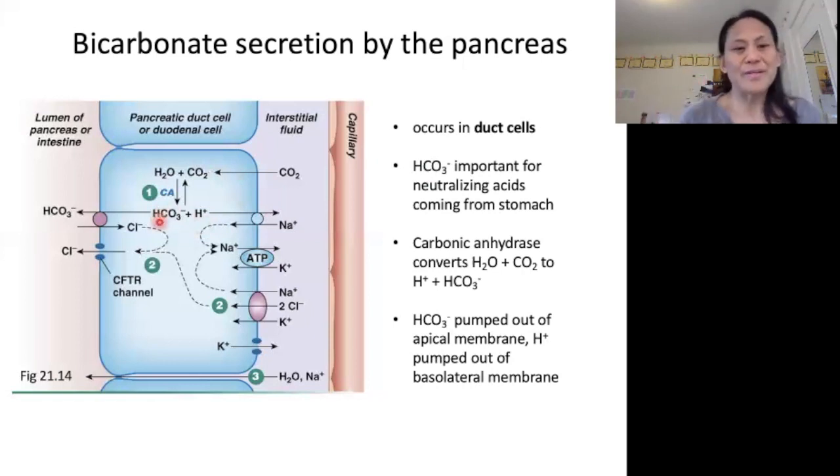Then we pump our bicarbonate out into the lumen, well, really the duct that's leading from the pancreas to the small intestine. So the bicarbonate gets secreted there through the apical membrane. And then at the basolateral membrane, we are going to pump our hydrogen ion out. And then we have various other things that are happening with that, but don't worry about that.